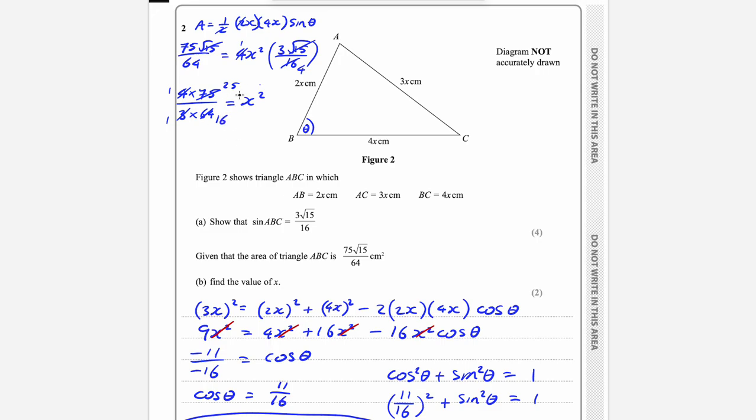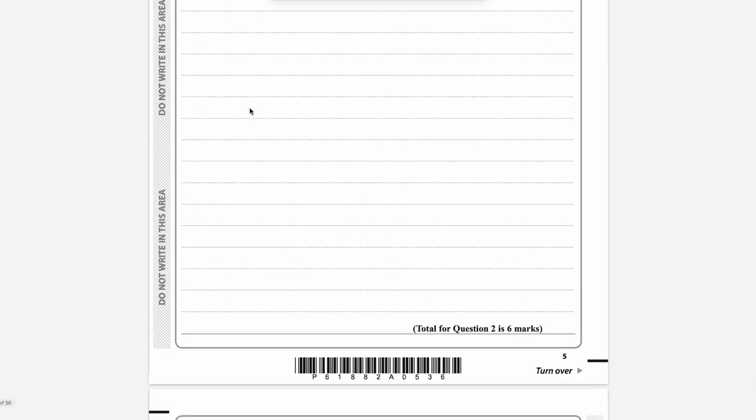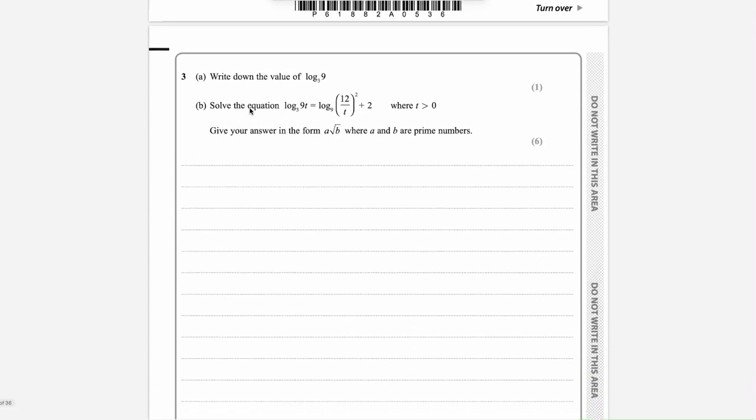Then x squared is 25 over 16, so x is root 25 over 16, which equals 5 over 4. Obviously, guys, you do that question down here in the loads of space they give you. Okay, that is question 2.